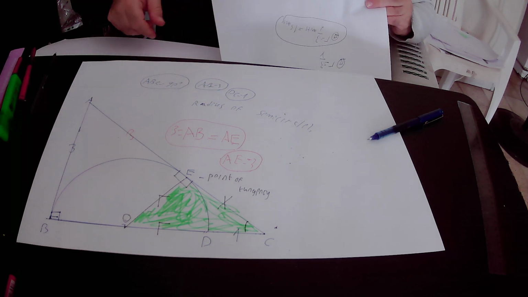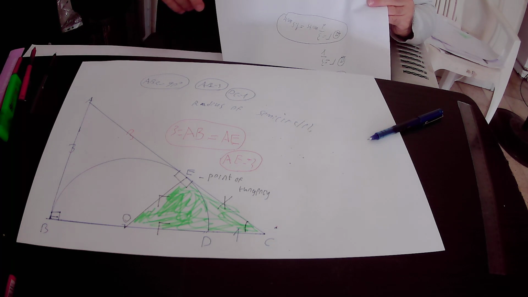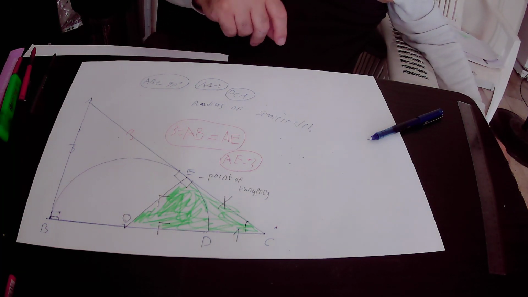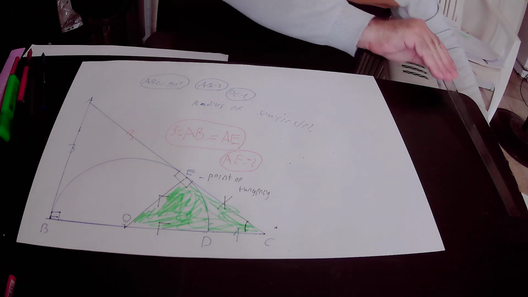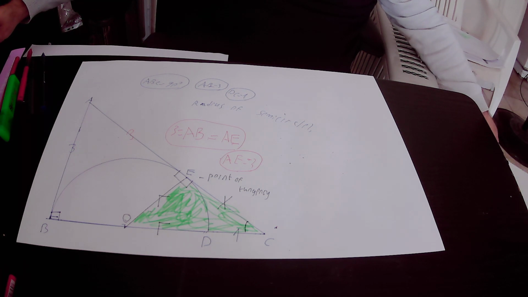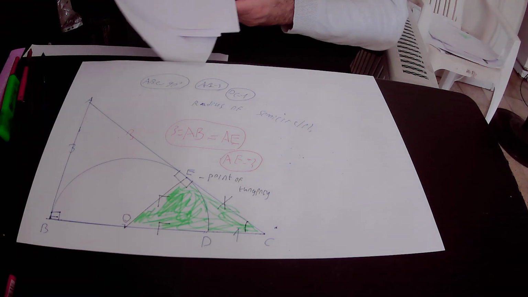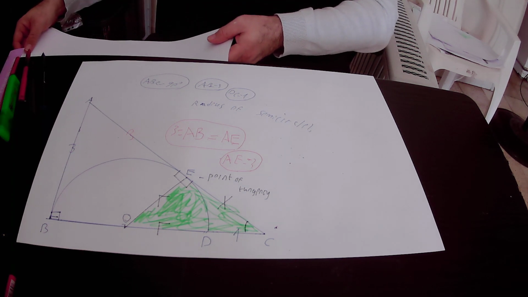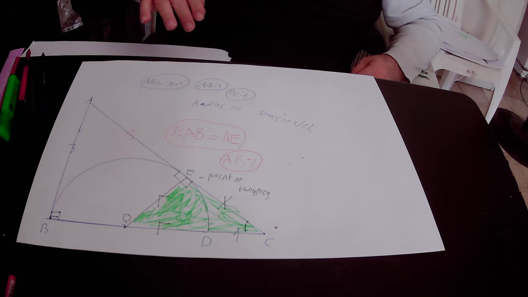Okay, so now I'll summarize the lecture. We wanted to find out the radius of this semicircle, and we have here right triangle ABC.